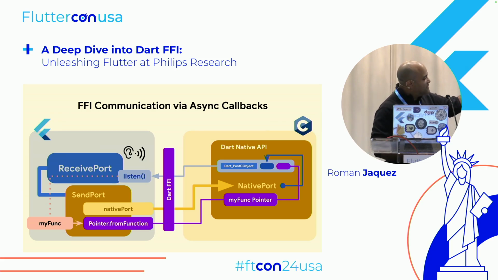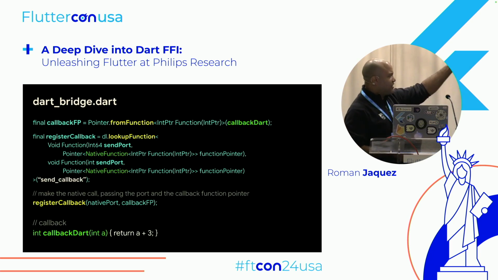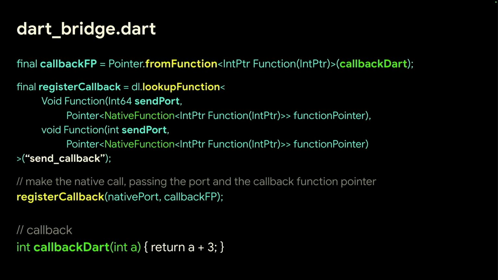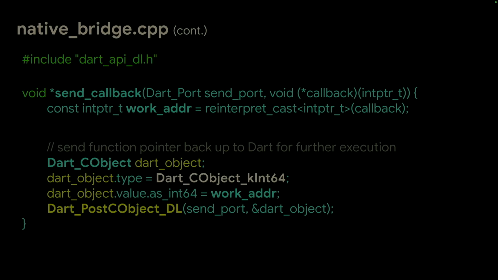So it's the same way. The thing here is you have to send the pointer of the function from Dart to C, and C can execute it on your behalf. But you can also still send information back up. So it's pretty much the same thing. You use the pointer dot from function method, which creates a pointer of your Dart function in a way that you can send it to C++, and then you can execute it on the native side of things.